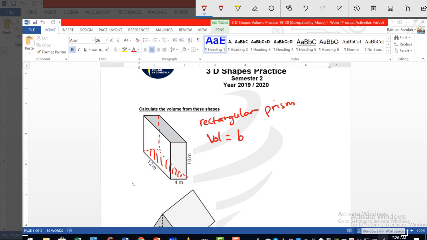So it's a base area times height. The base area is a rectangle, so it's equal to 12 times 4 times 10. So as easy as that. 12 times 4 is 48, times 10 is 480, and don't forget to write down the unit.